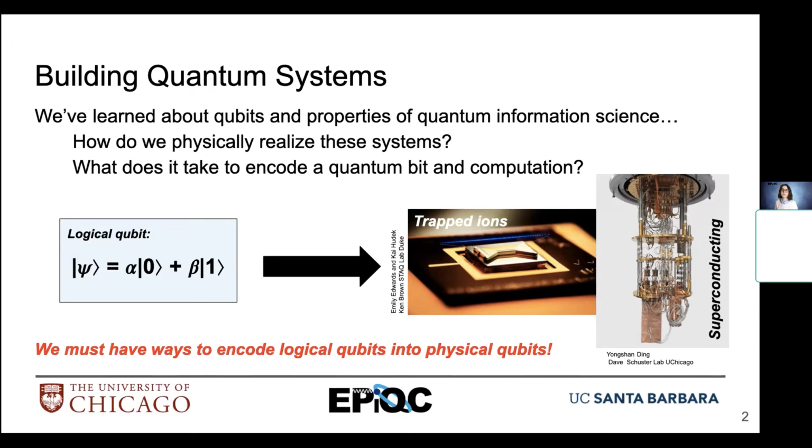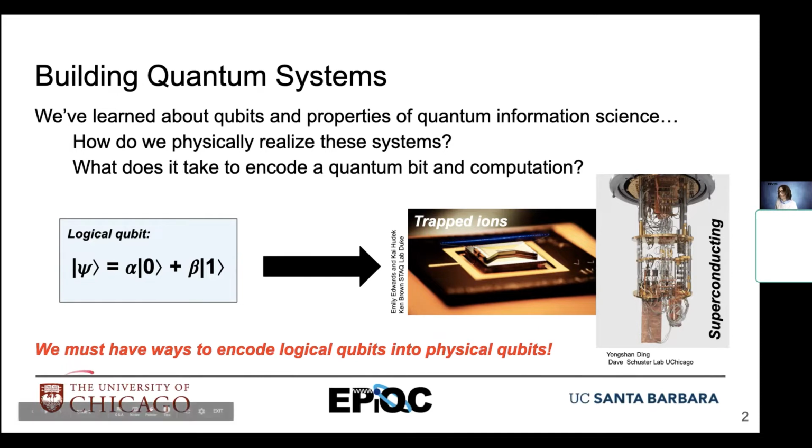As we move into more complex and more robust devices, we're going to start having error-correcting codes that will be able to take a logical qubit and encode it into many physical qubits. But for today, we're just going to focus on a one-to-one mapping of logical qubit to physical qubit, immediately implemented on a device.